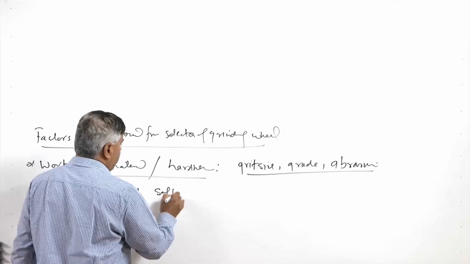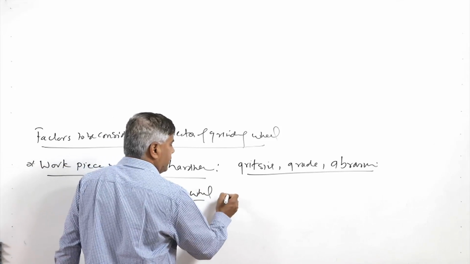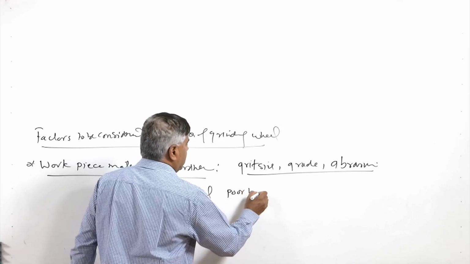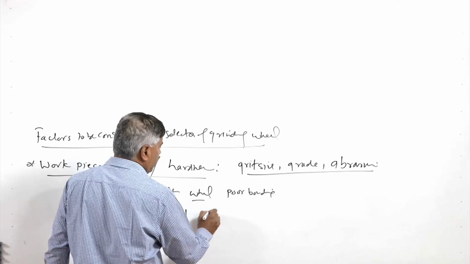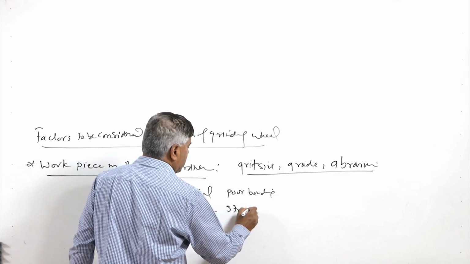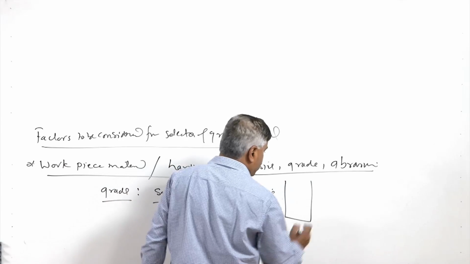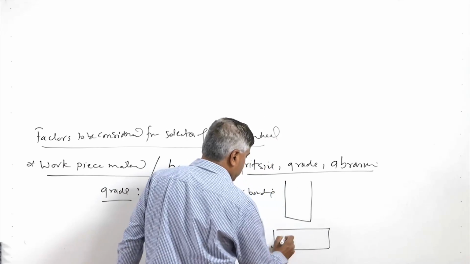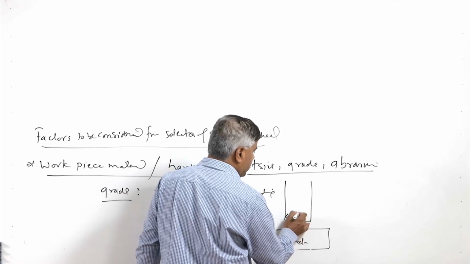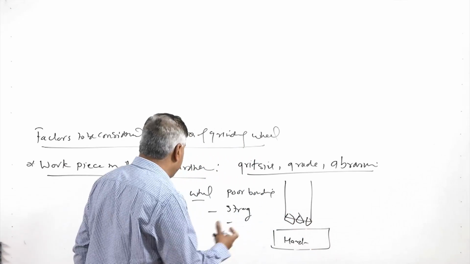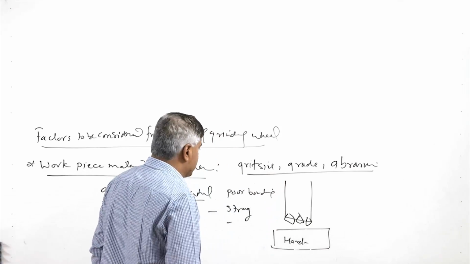So a soft wheel means poor bonding, and a hard wheel means very strong bonding between the abrasives and the bond material. When the workpiece material is hard, the cutting forces will be high, so the bonds will be dislodged easily.